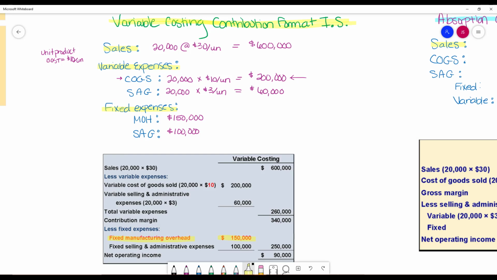Where with absorption, which we'll see in a second, the fixed overhead is not expensed out right away. Instead, it's included as part of the cost of goods sold calculation. So fixed overhead is expensed out under variable costing, but under absorption costing, it's inventoried. It's part of inventory. It goes into work in process and then flows through to finished goods as soon as those units are completed.